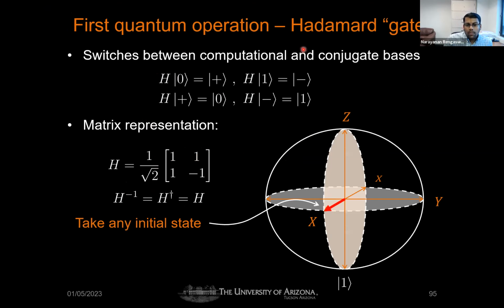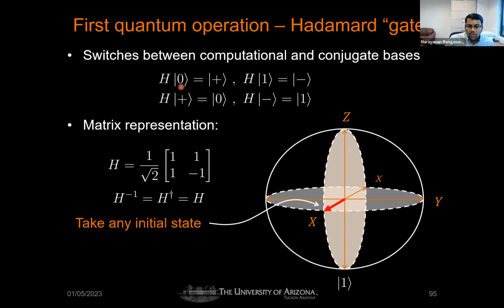The first quantum operation, the unitary operation that we will see, is called the Hadamard. The Hadamard is widely used even in classical communication. So you might already be familiar with this matrix representation of the Hadamard. You can check that it is unitary. What it does is it changes between the two bases. It switches between the computational and the conjugate basis.